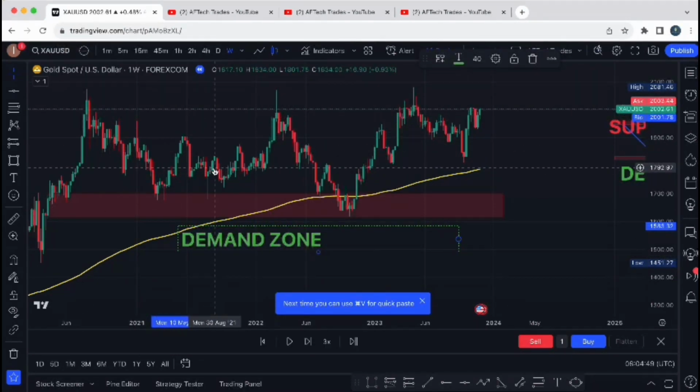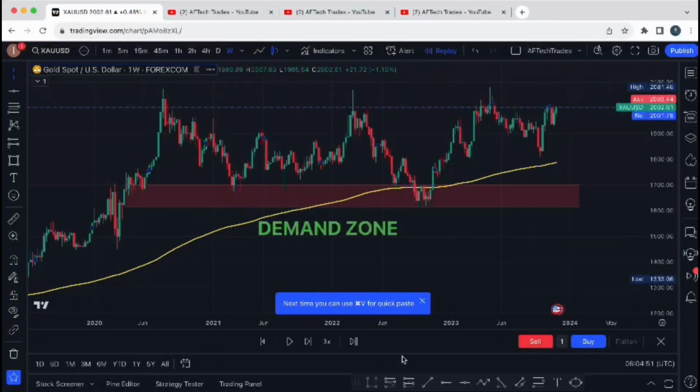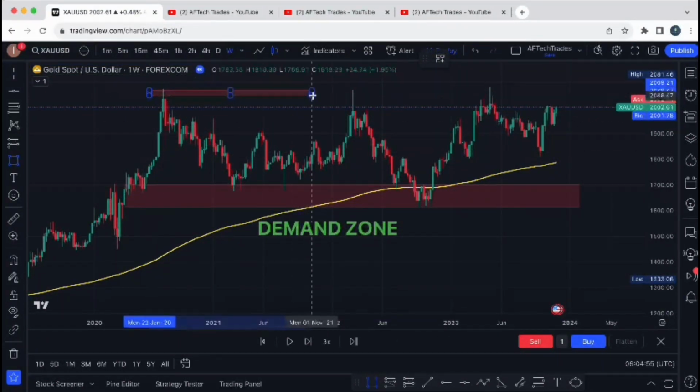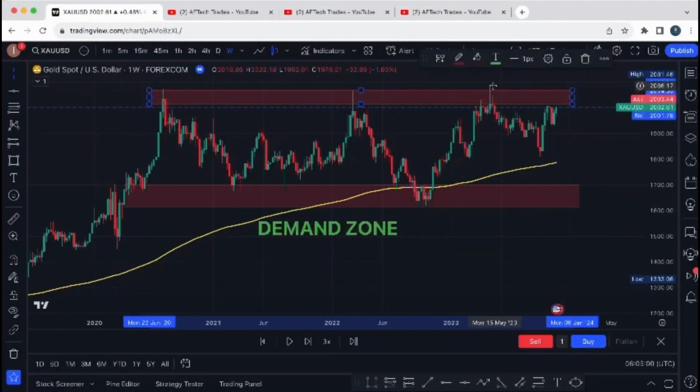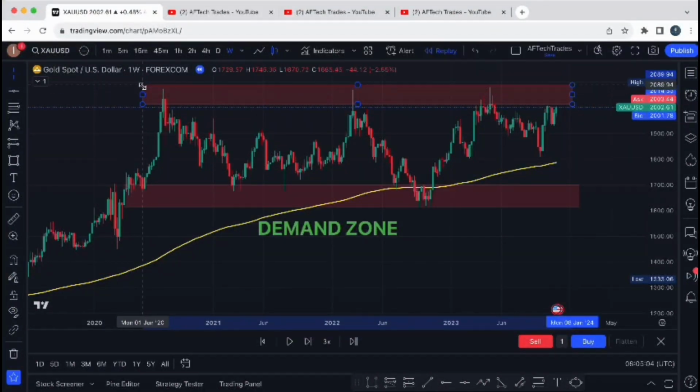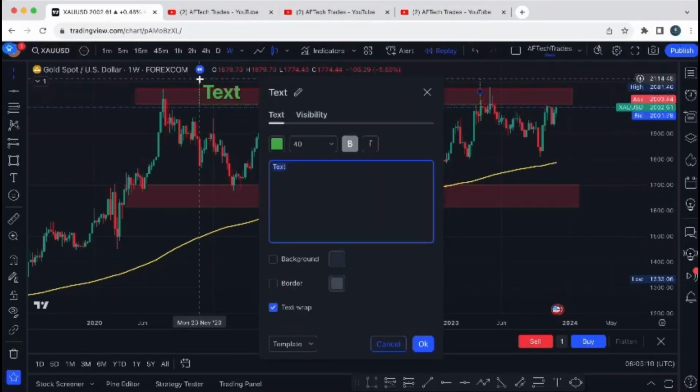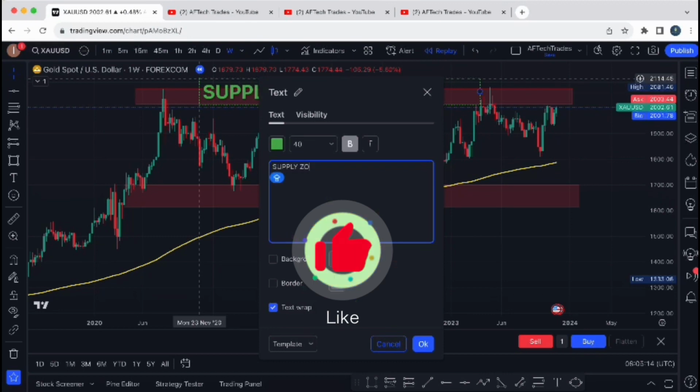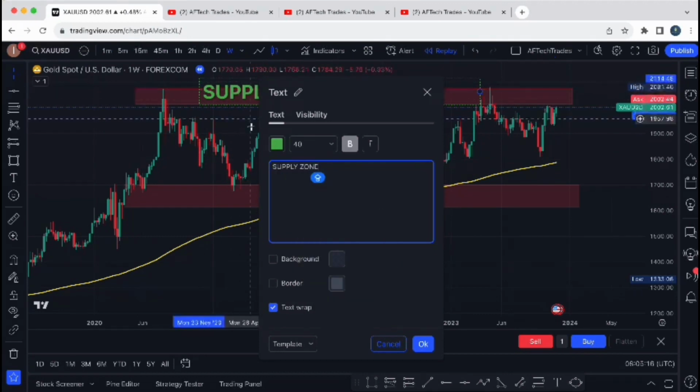Then you draw another box upward, which will be your supply zone, right? So the upside will be your supply zone.